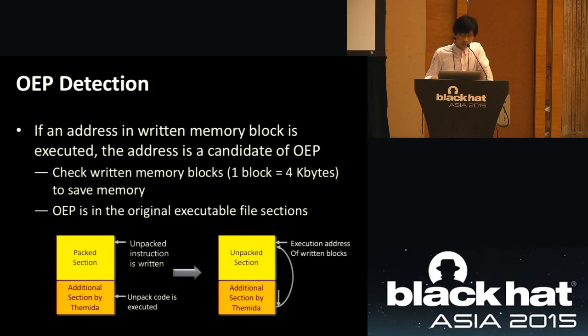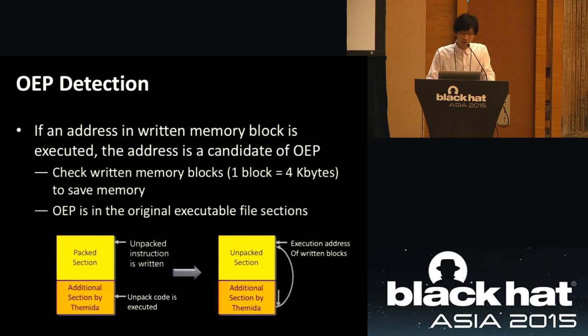We need an OEP detection algorithm. In many previous papers, the algorithm to find OEP is defined as finding the address that is written and then executed. But Themida writes and executes, unpacks another packer inside it, and packs again and again.